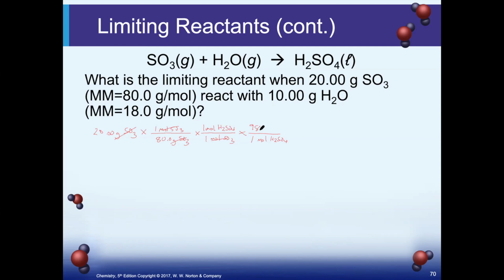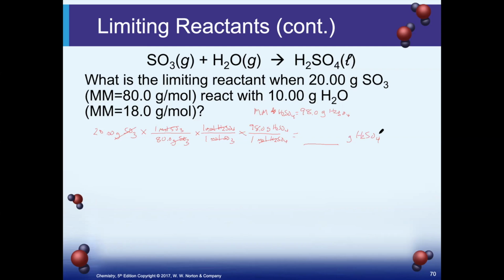So 98.0 grams of H2SO4 is 1 mole of H2SO4. This is the molar mass of H2SO4, and you can just get that from the periodic table. So moles of H2SO4 over moles of H2SO4 cancel, and that gives you a certain number of grams of H2SO4.